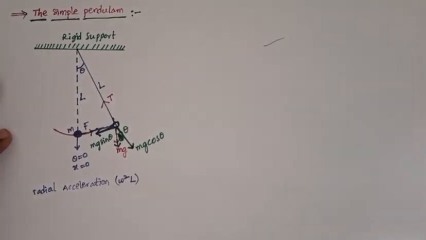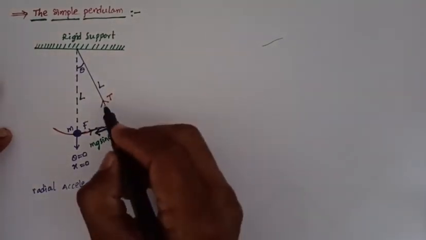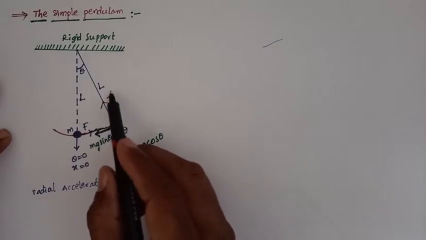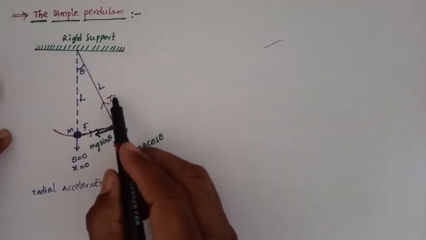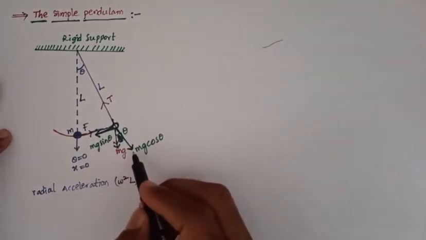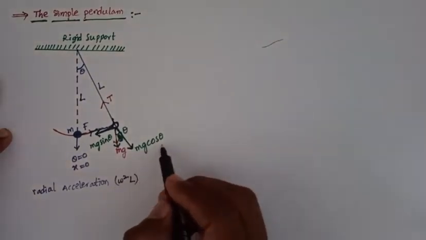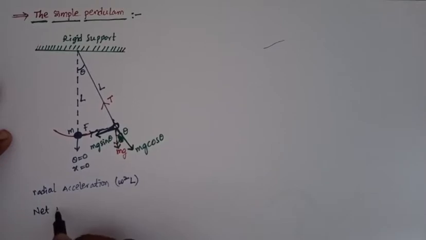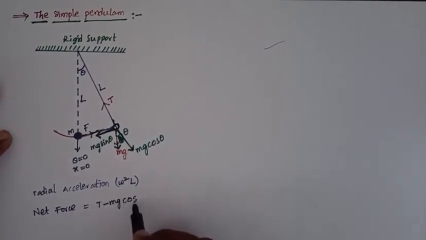Again we take the net force on the string. In the upward direction the force is the tension force, and in the downward direction the component is mg cos theta. So what is the net force on the string? The net force is T minus mg cos theta.